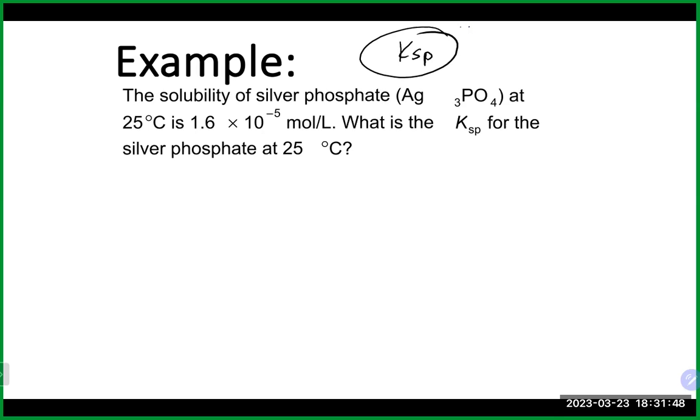So clearly, if we're looking for a KSP, we can make a pretty safe assumption that this guy here is going to be a solid, and that's where we're going to start. It's going to break apart into its ions, which in this case would be 3 silver ions and 1 phosphate ion.